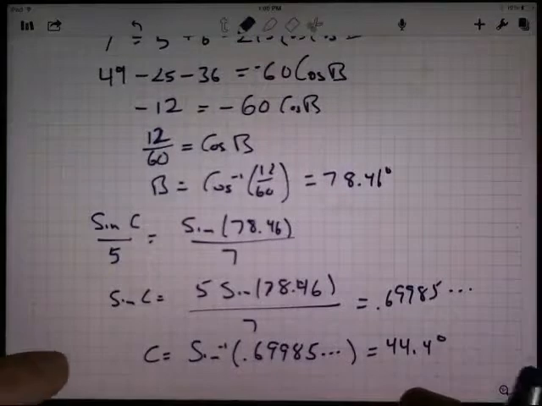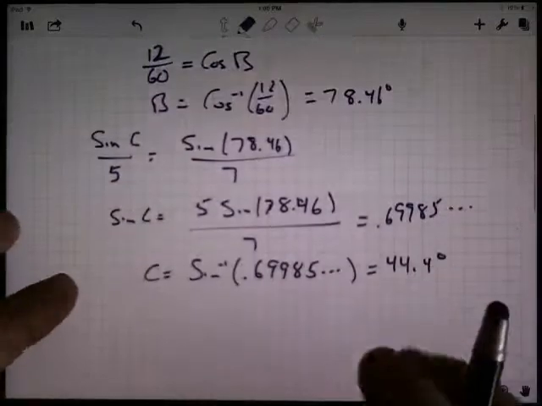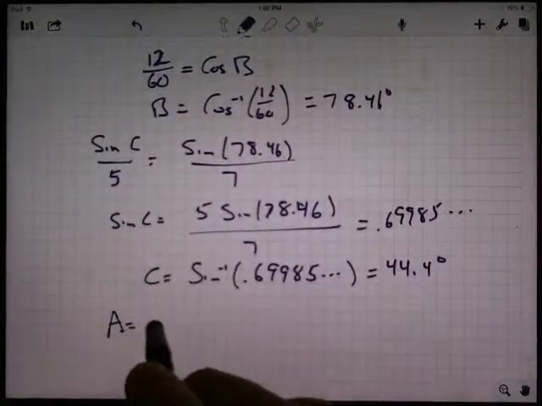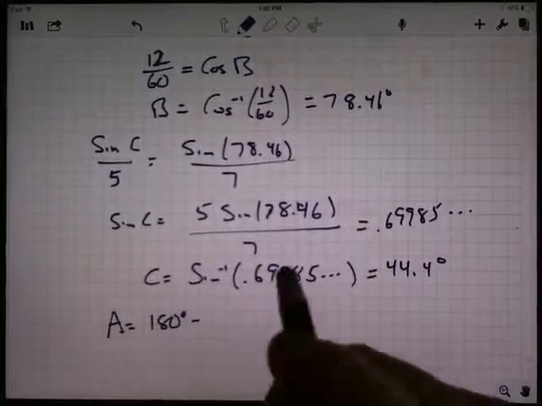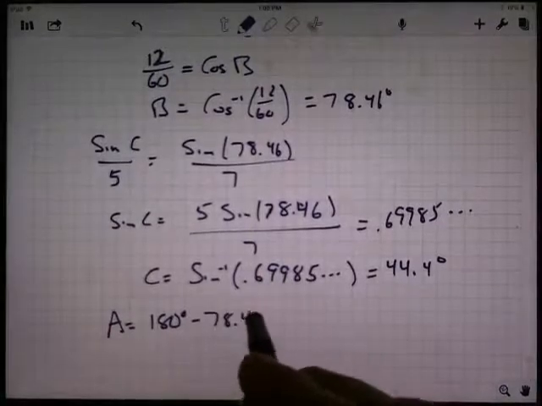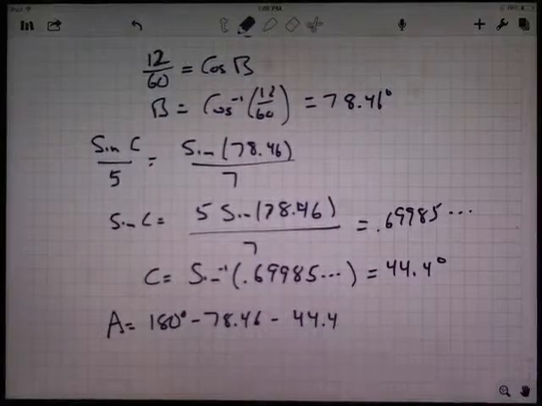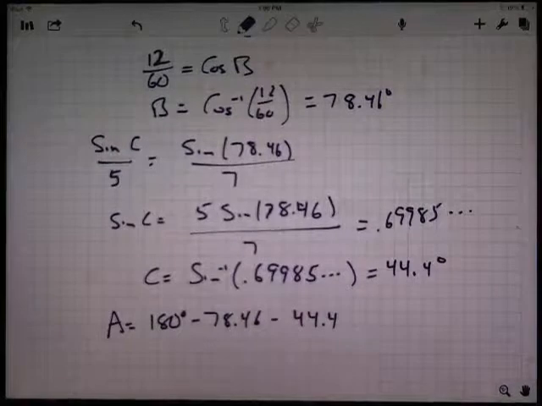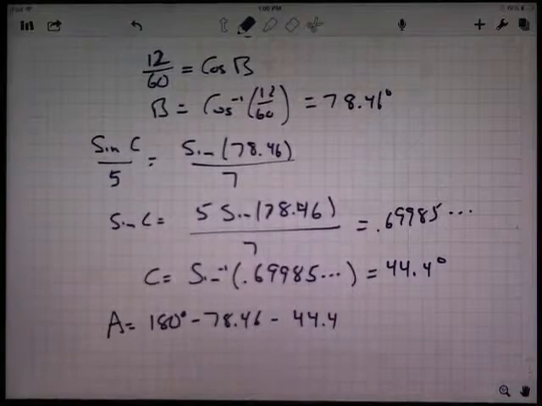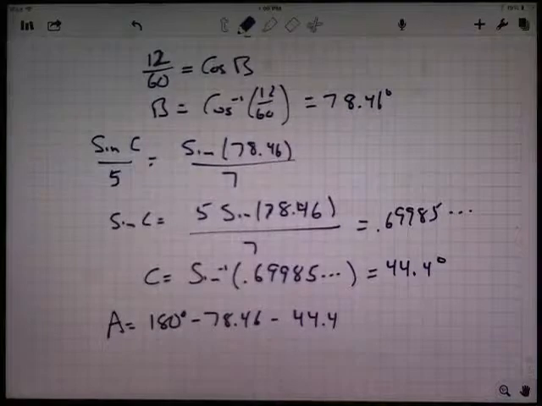And now that I have angle C and I have angle B, I can get angle A, because angle A is going to be 180 degrees minus both of those two, 180 minus 78.46 minus 44.415. Anyway, it looks like about 57.14.